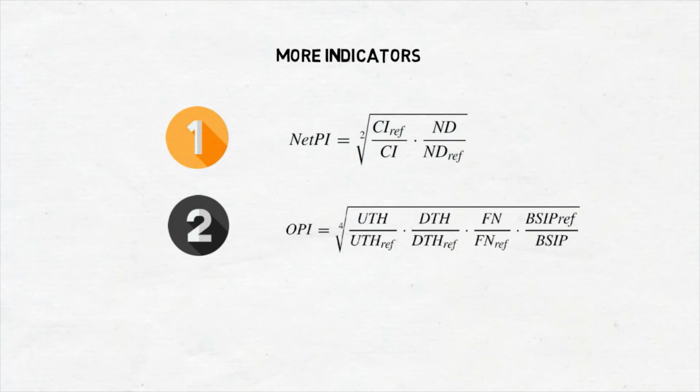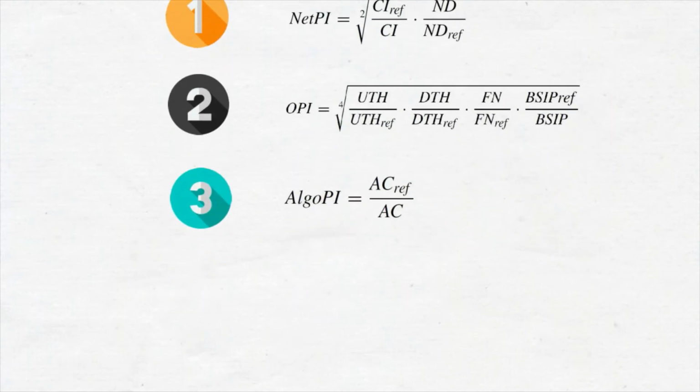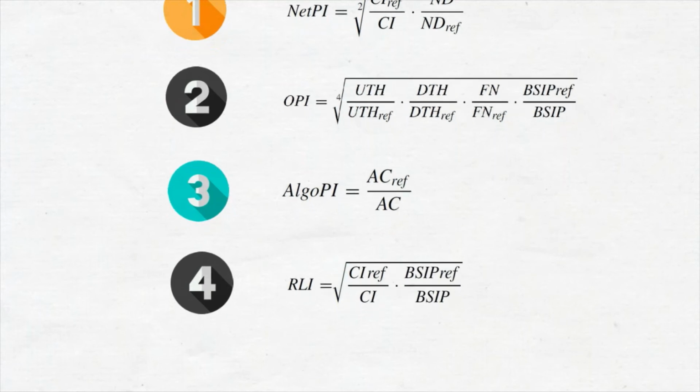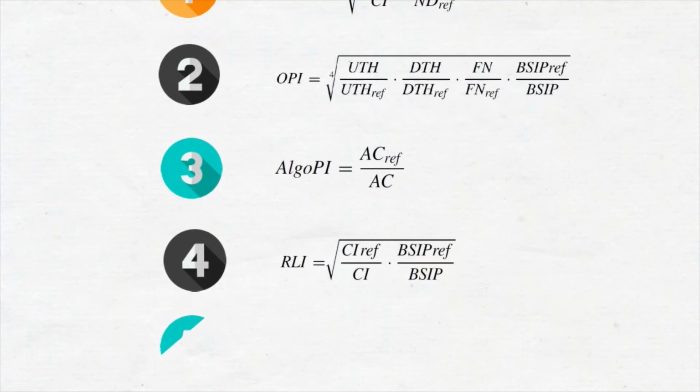And algorithmic profile indicator. In addition to the reliability indicator, which captures the reliability of joint scheduling in terms of interference and traffic adaptability. And lastly, the base station to base station efficiency indicator, that helps capture the efficiency of joint scheduling in terms of throughput and interference power.